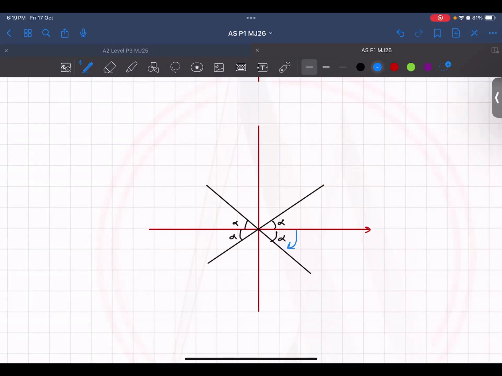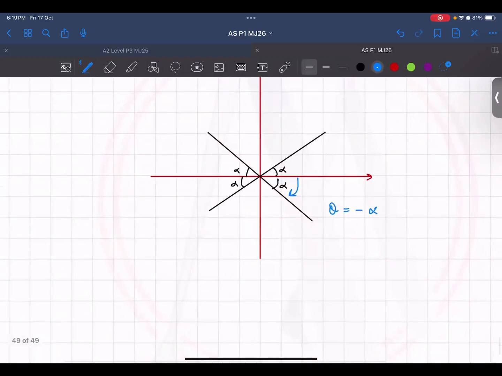So in the fourth quadrant, your theta will be negative alpha. You're just moving in the clockwise direction. Over here, your theta will be minus 180 plus alpha. This will be in the third quadrant.